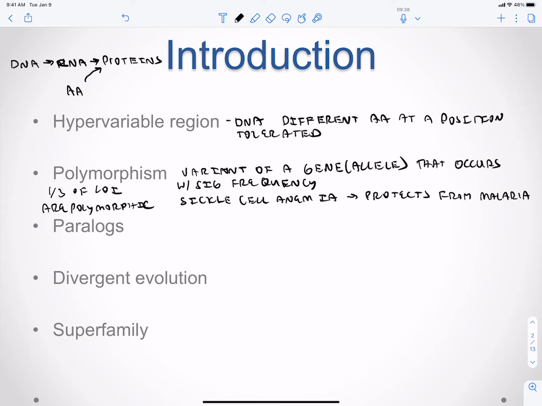Now, a few other things to understand about protein families is there's something called families and there's something called superfamilies. So paralogs are related. So this is where you have same protein family members and these are going to be similar in structure and function.